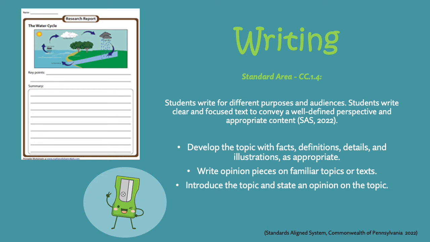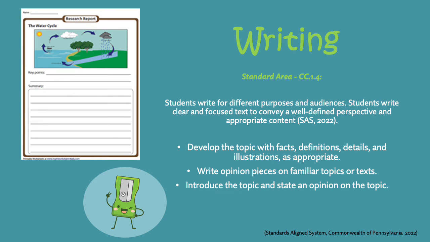So students will be able to develop the topic with facts, definitions, details, and illustrations as appropriate. They will write opinion pieces on familiar topics or texts, and they should be able to introduce the topics and state an opinion on that topic.